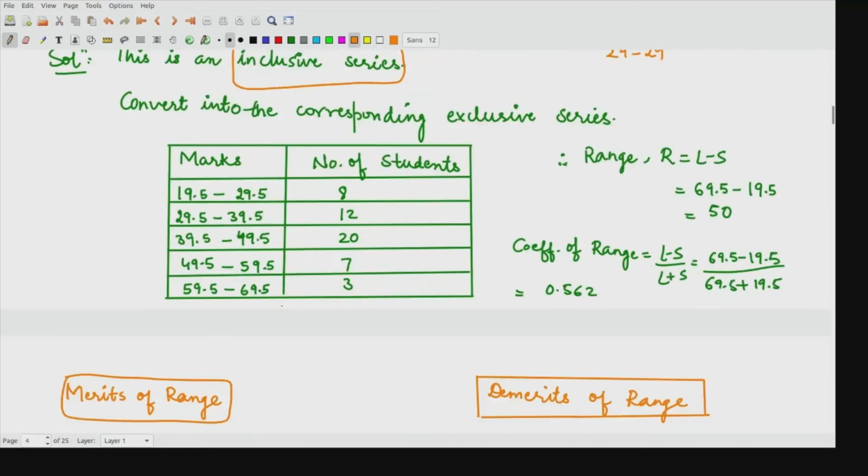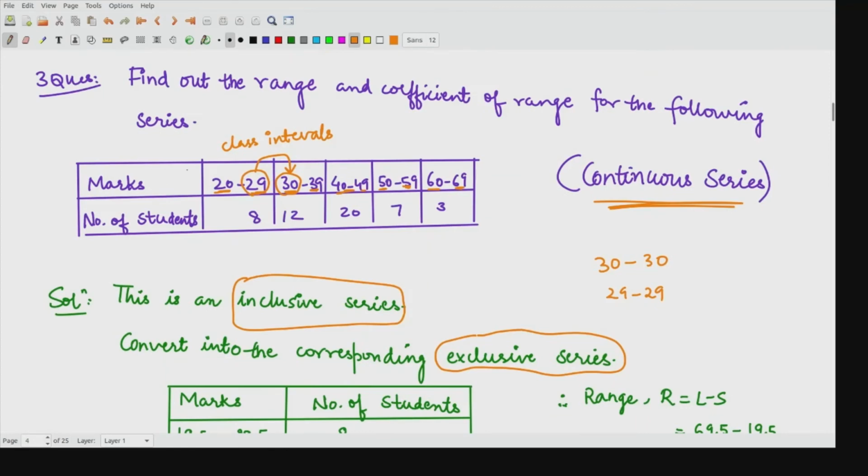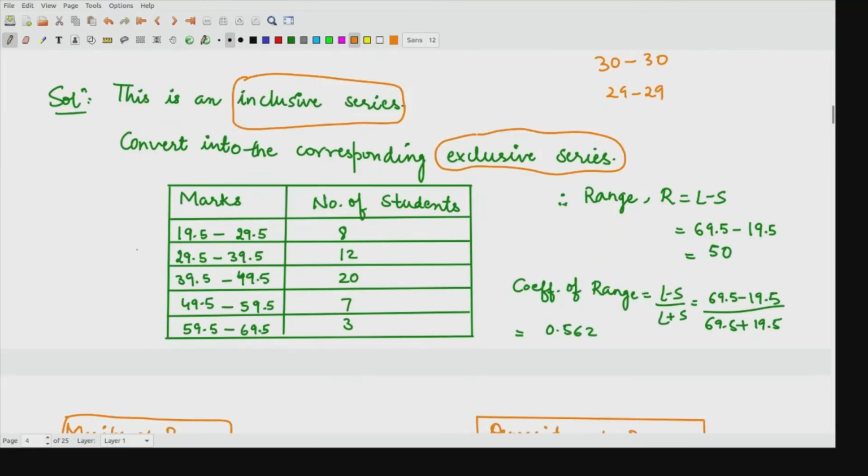So the first task, before calculating the range, is to convert this inclusive series into the corresponding exclusive series. So how can we do that? We first see what is the difference between 29 and 30, that is 1. So 30 minus 29, that is 1. So we divide this by 2, so we have 0.5. So what we do, we just add 0.5 to the upper limit and subtract 0.5 from the lower limit.